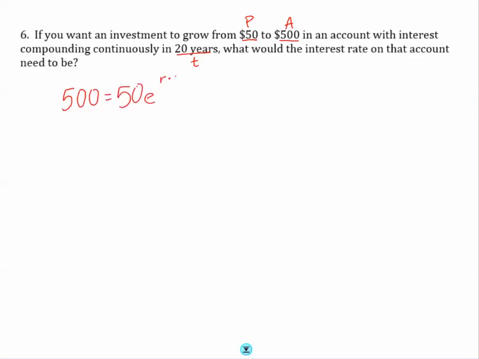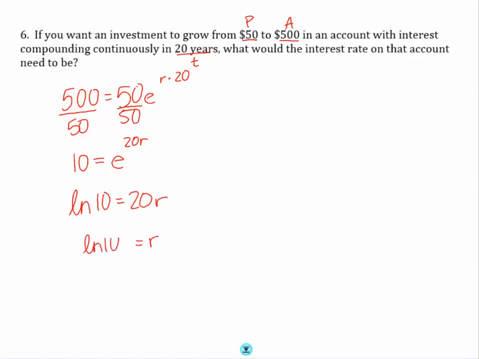We're trying to find the rate. So first we need to divide both sides by 50. We get 10 equals e to the 20r. Then we need to convert to a logarithm, and since we have e, we use natural log of 10 equals 20r. So r equals natural log of 10 divided by 20.